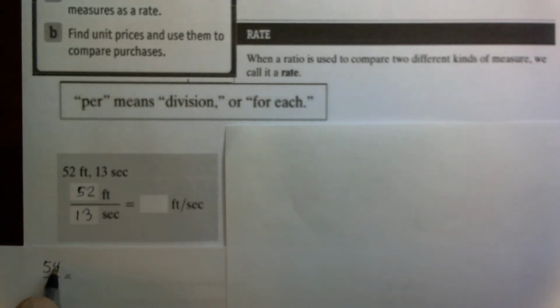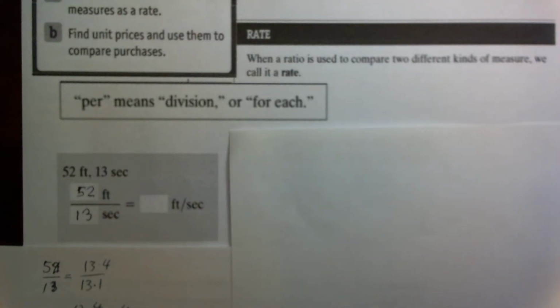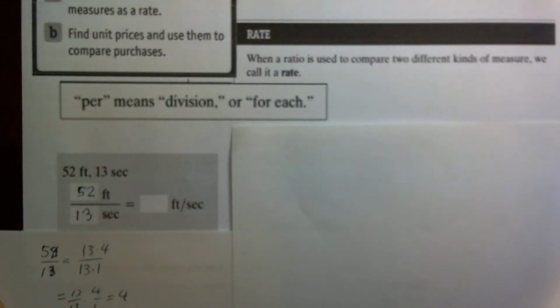We can write 52 rather as 13 times 4 divided by 13 times 1, or 13 divided by 13 times 4 divided by 1, which then is equal to 4. In other words, that expression, 52 divided by 13, is equivalent to 4 feet per second.